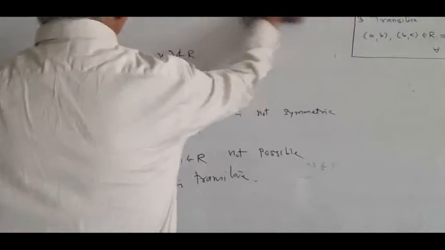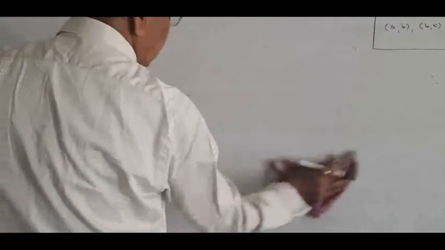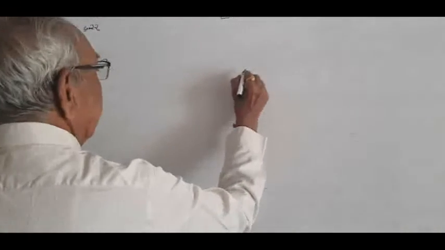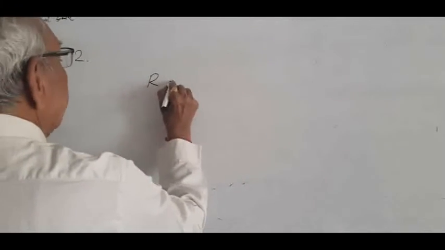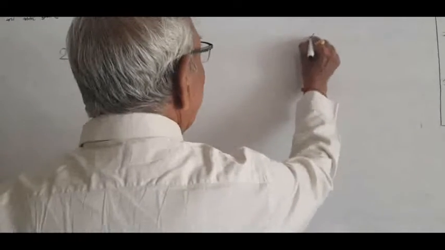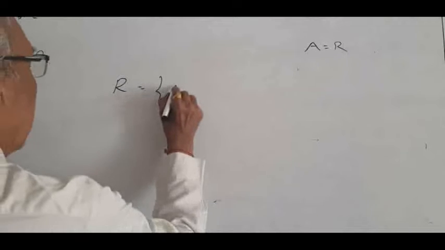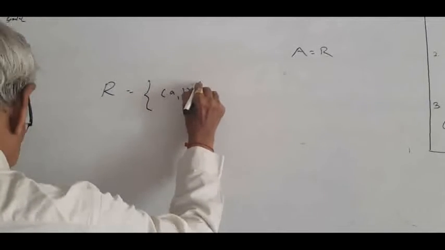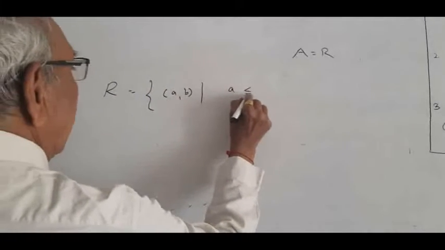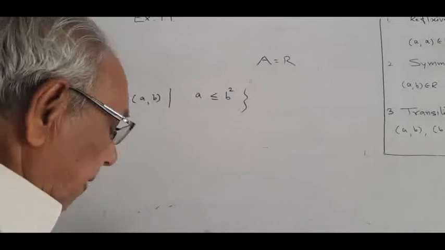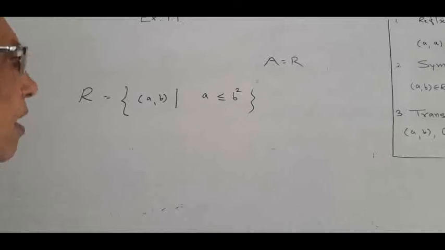Now, question number 2. Show that the relation R in the set R, here relation R is in the set of real numbers, here A is equal to R, and R is the set of ordered pairs (a, b) where a is less than or equal to b square, is neither reflexive, nor symmetric, nor transitive.